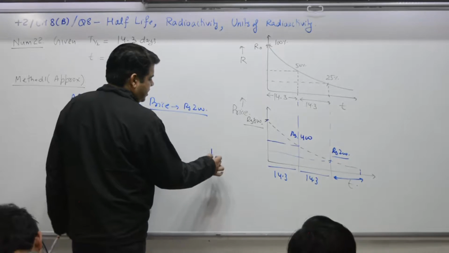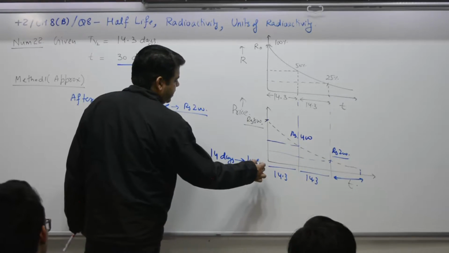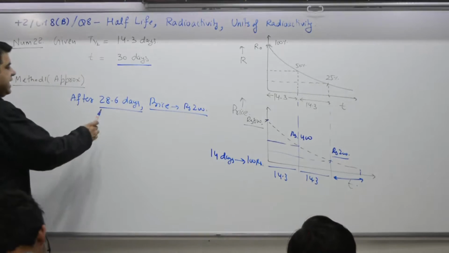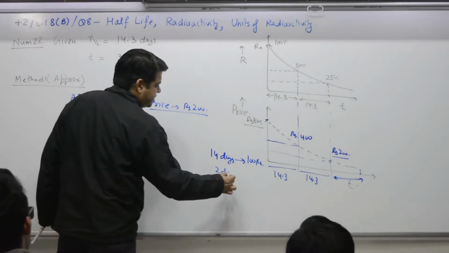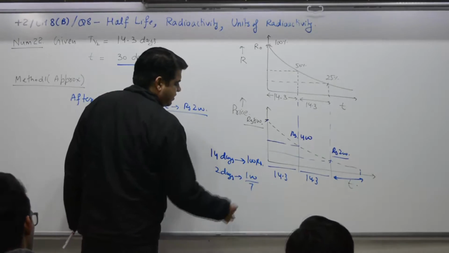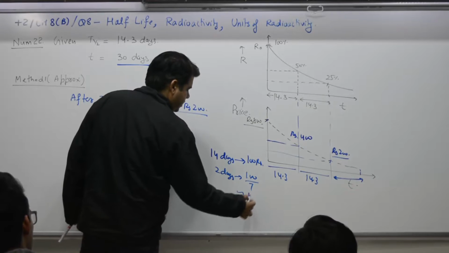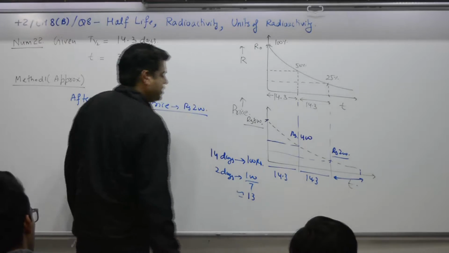Approximate analysis: in the next 14 days, the price will reduce by 100 rupees. For 28.6, you can say 2 days. In 2 days, it will be 100 by 7, approximately 12, 13 rupees. Yes, 13.